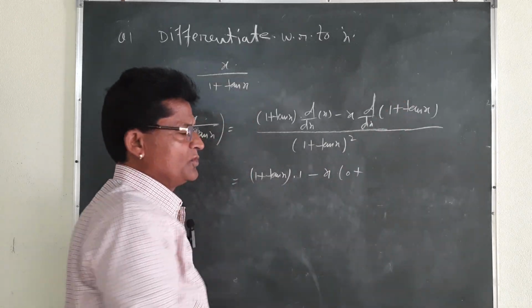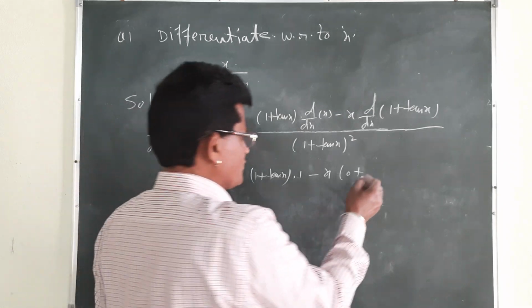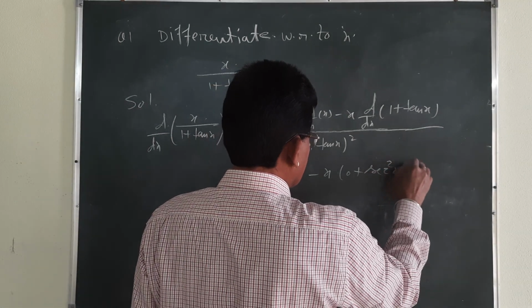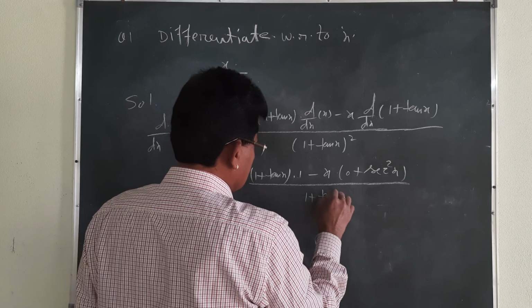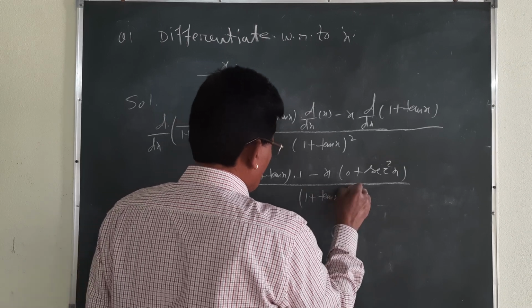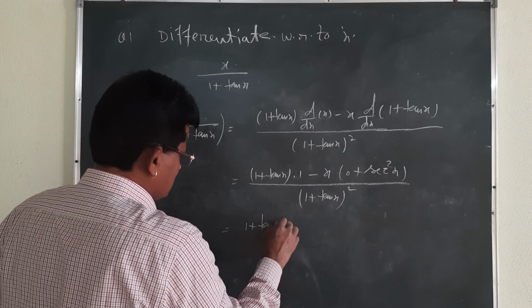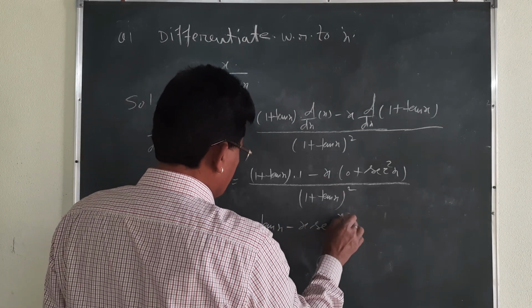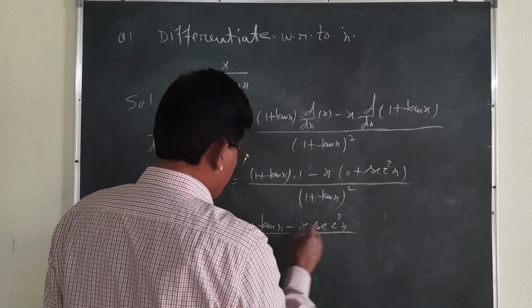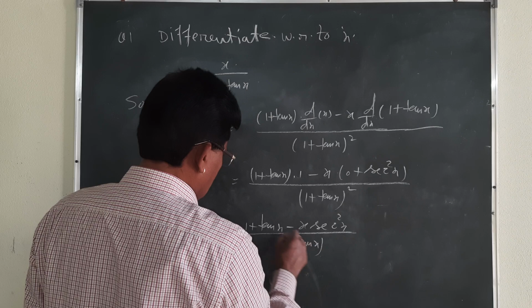And just before I told you the differentiation of tan x is sec square. Sec square upon 1 plus tan x whole square. You simplify it: tan x minus x sec square x divided by 1 plus tan x whole square.